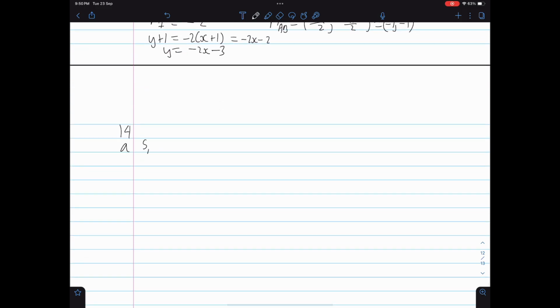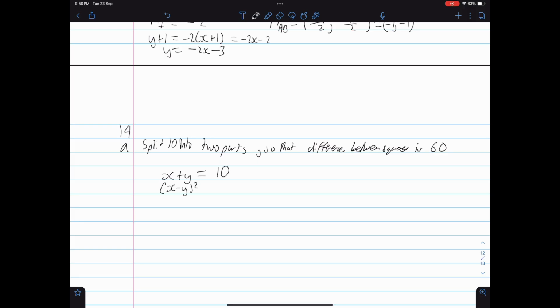Question 14 A. We need to split 10 into 2 parts so that the difference between squares is 60. So we want x plus y to equal 10, but we want x squared minus y squared to equal 60.